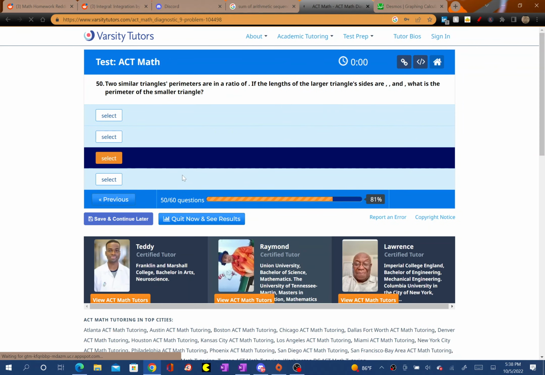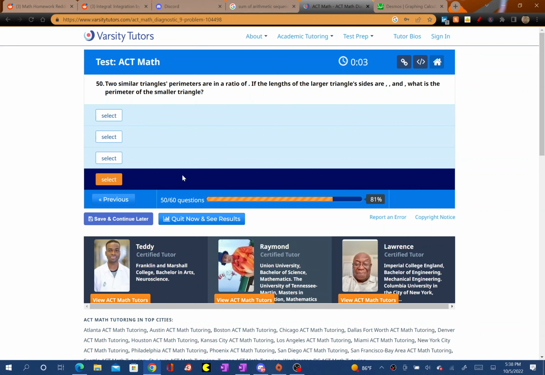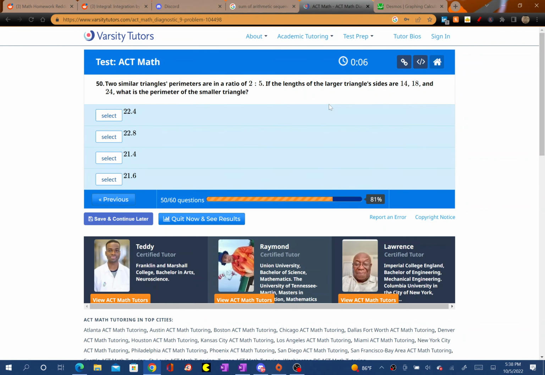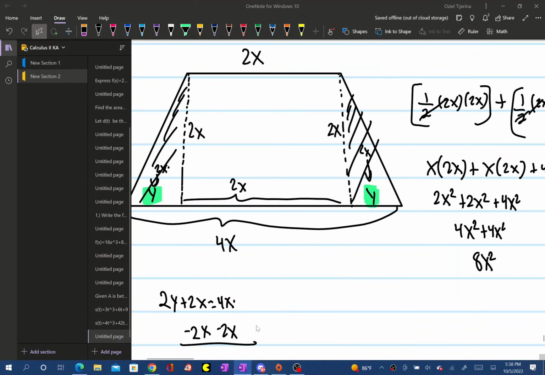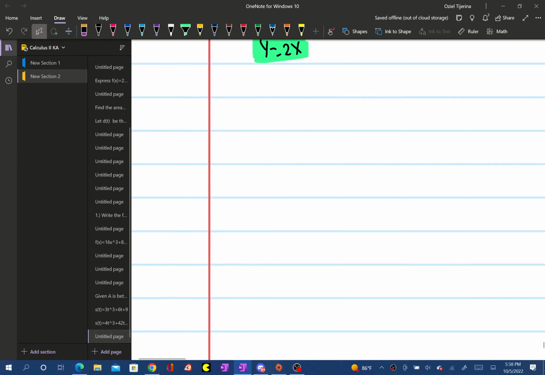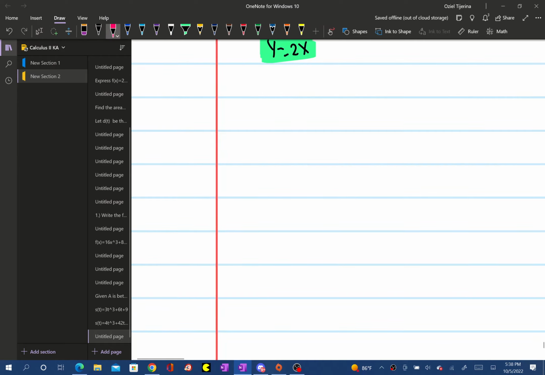Two similar triangles' perimeters are in a ratio of 2 to 5. Okay. So we can kind of draw a triangle.